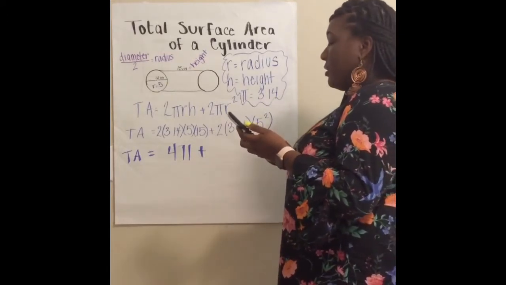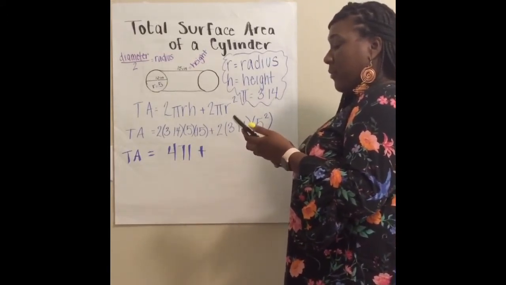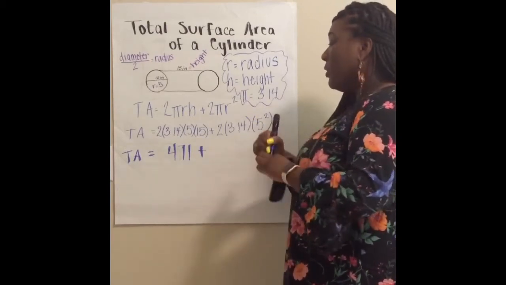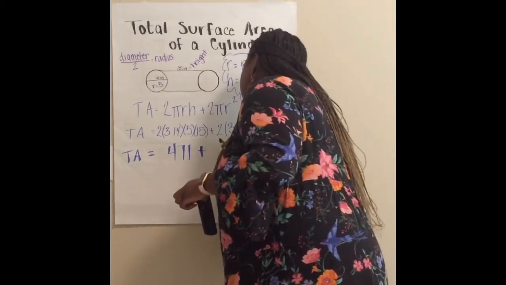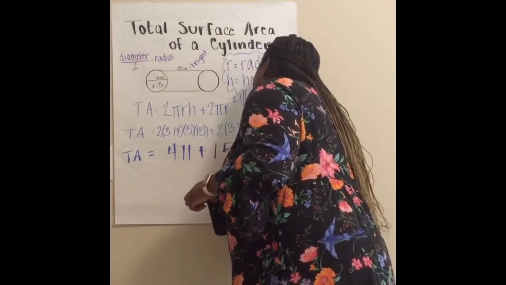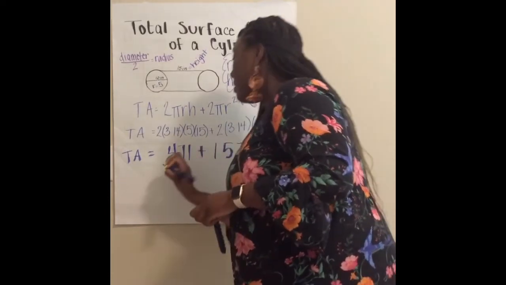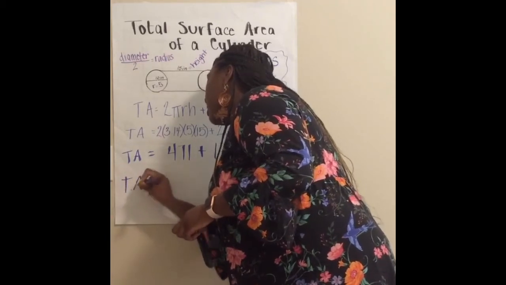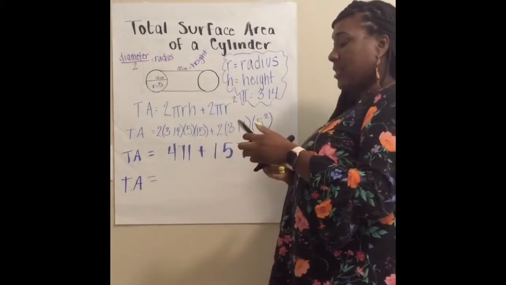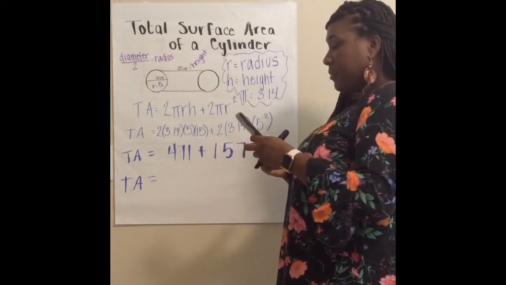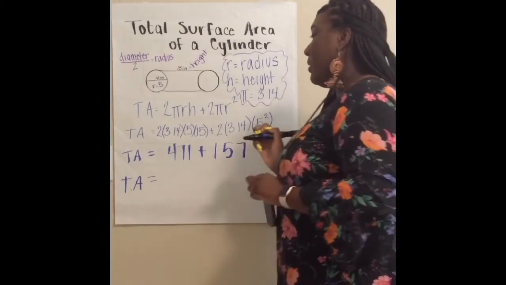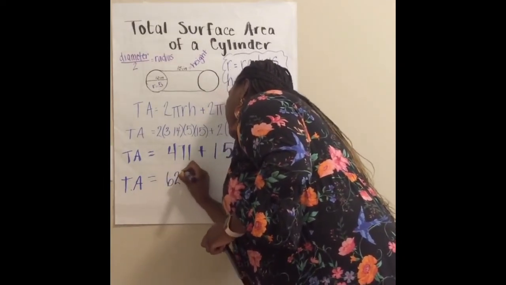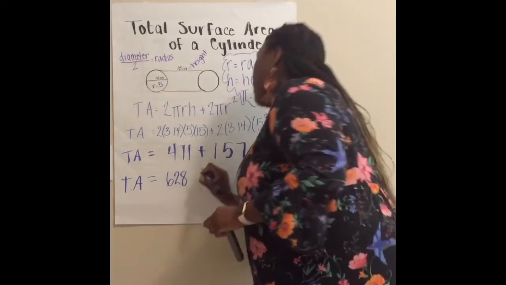So you have 2 times 3.14 times 5 squared. When you do that, you get 157. Now we need to add it together. 471 plus 157 gives us what? 628. And you still need your units, which is inches.